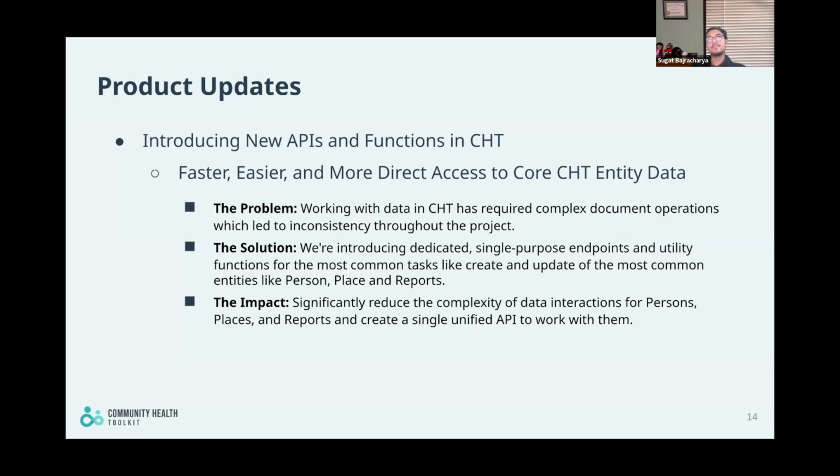So these APIs and functionalities introduce a consistent and common way of creating those. They will make it easier to create and update the most common entities like person, places, and reports. Next slide, please.